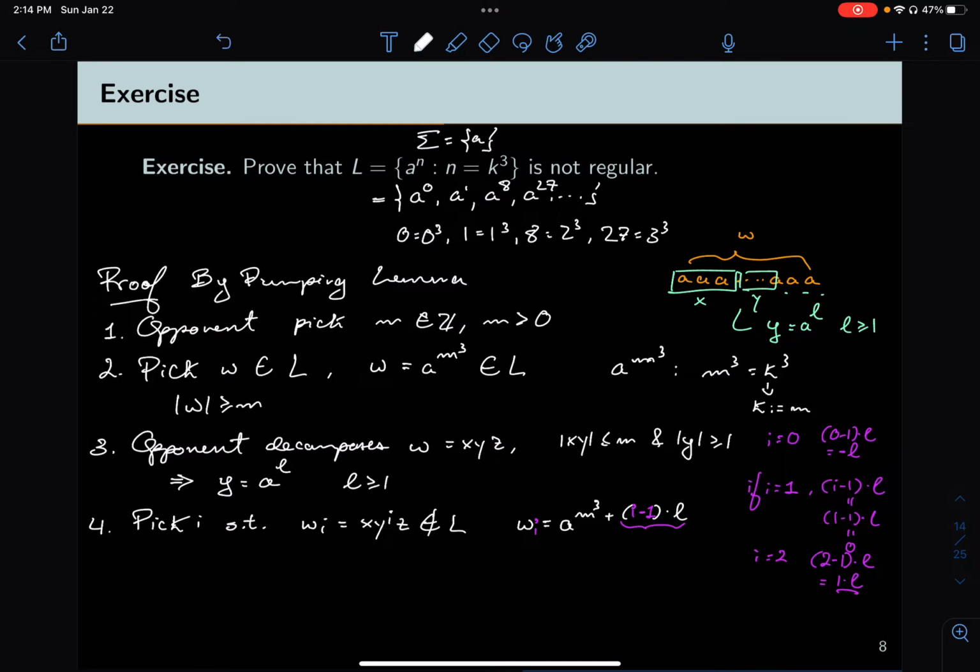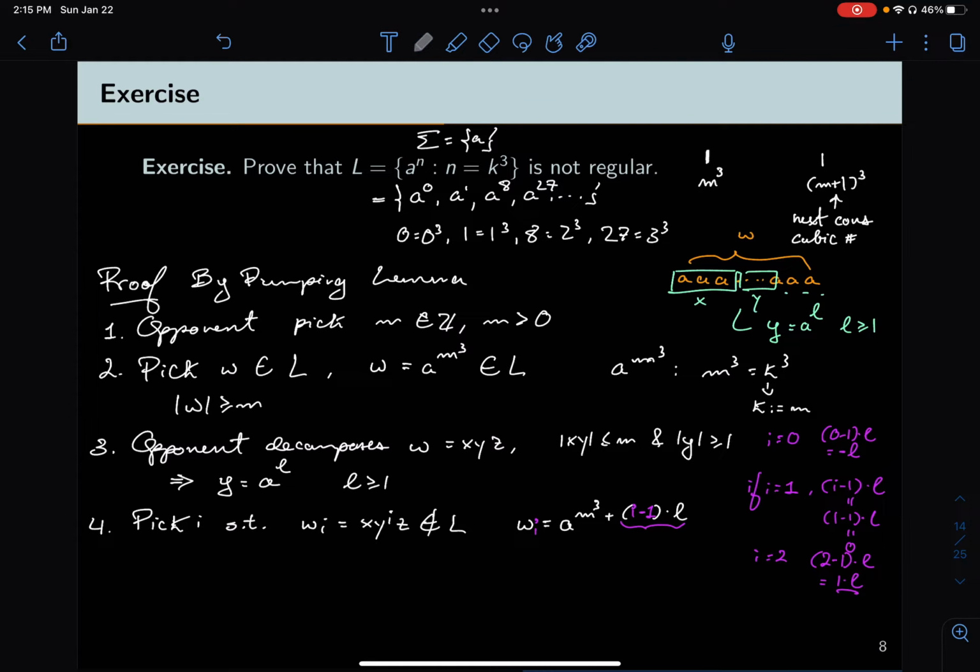Well, how do you do that? To ensure that something isn't a perfect cube, I know that m cubed is a perfect cube, and I know that the next consecutive cubic number after m cubed is (m plus 1) cubed.